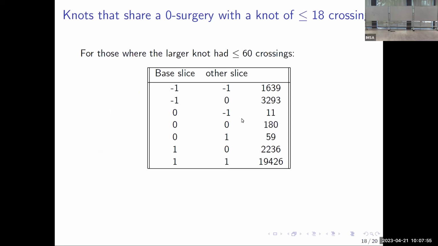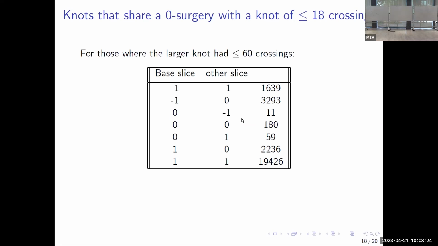Here we're only looking at the ones where the larger knot had less than or equal to 18... sorry, less than or equal to 60 crossings. The base knot is the one we started with, with less than or equal to 18 crossings. So -1 means not sliced, 0 means we don't know, and 1 means ribbon.